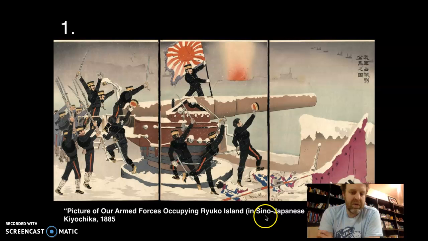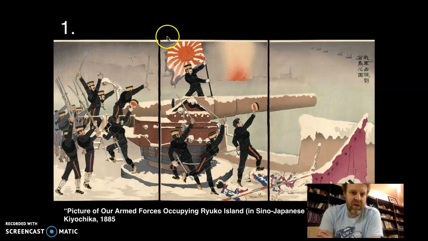If you know this word Sino, maybe you've seen it once or twice in different contexts in this class, it's a reference to China. So this was a war fought between the Chinese and the Japanese in the late 1800s, and you see here the Japanese are trying to celebrate their success. So definitely an image that reflects the concept of imperialism, because you have the Japanese conquering their neighbor, in this case the Chinese.